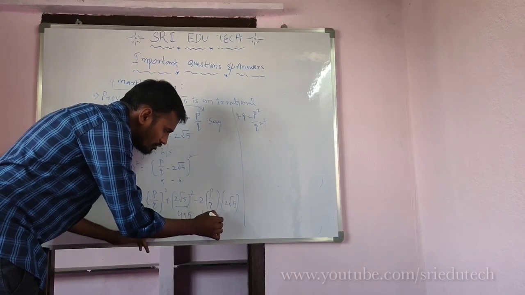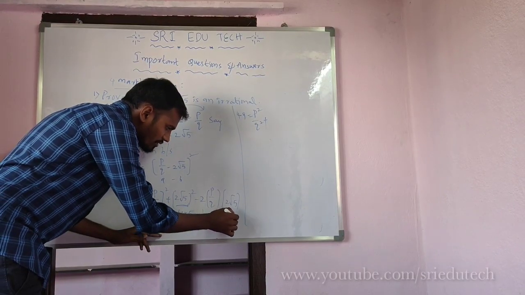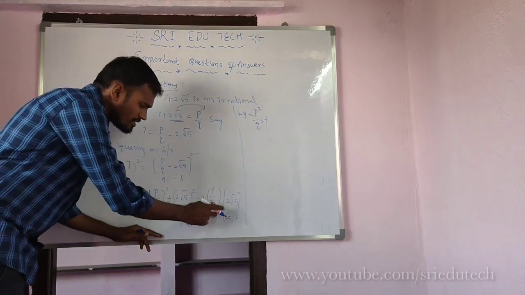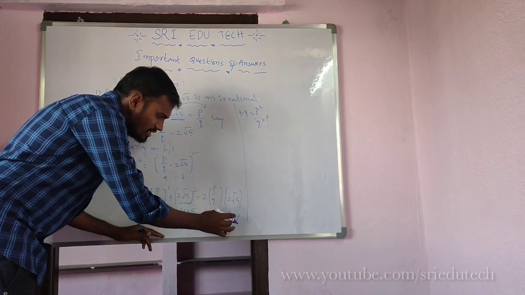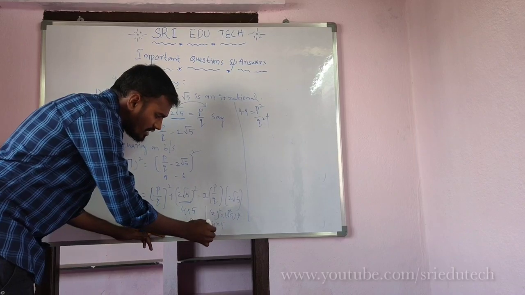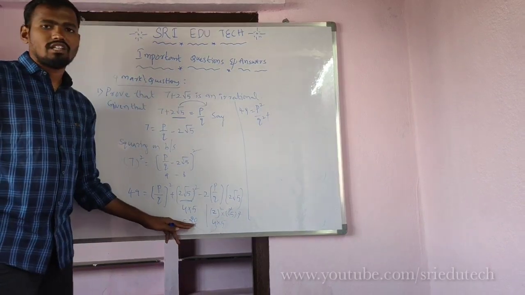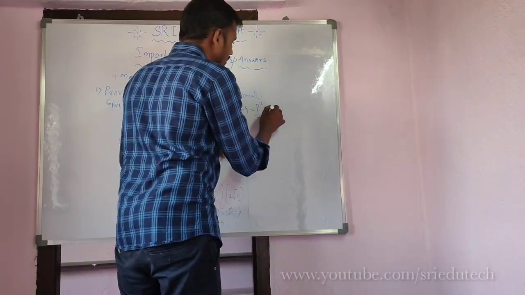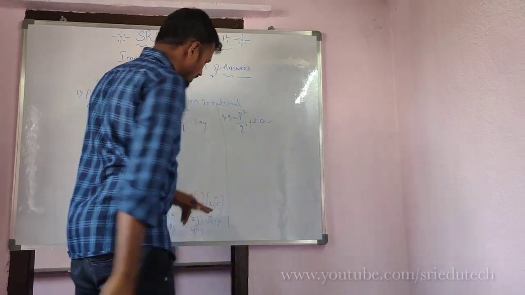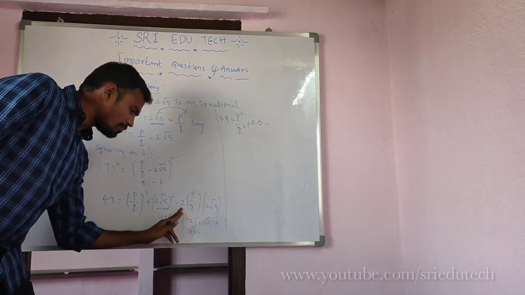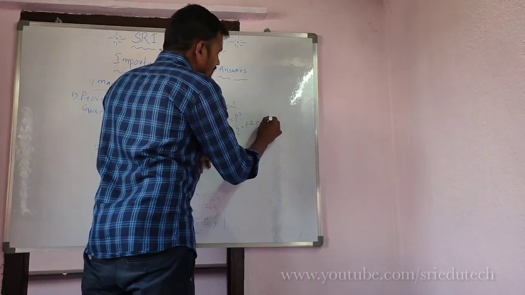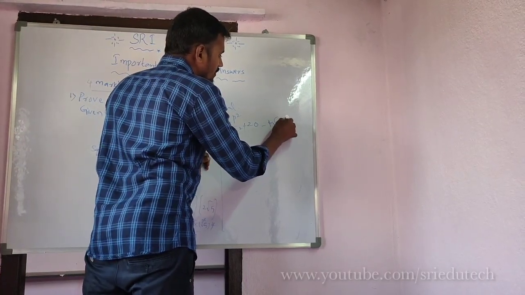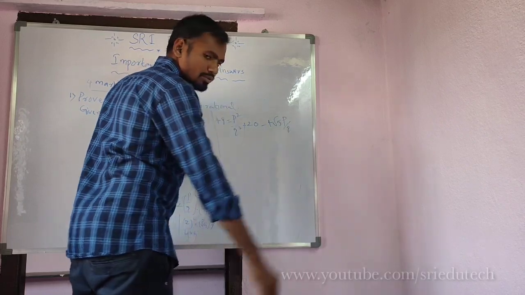Then 2 square into root 5 whole square. 2 square means how much? 4, into square and root cancel, the remaining 5. 4 5s are 20. Right? Apply here. 20 minus, here 2 2s are 4 root 5 p by q. Right? 4 root 5 p by q.